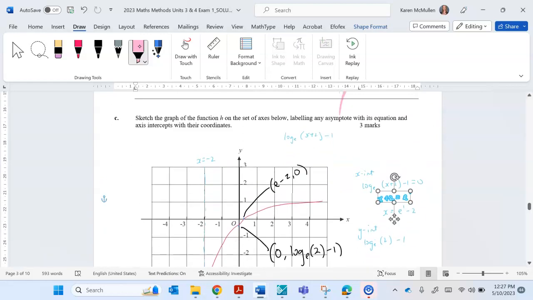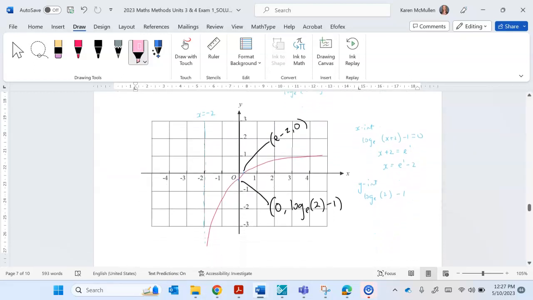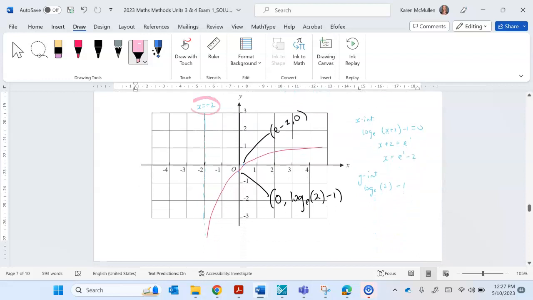All right, sketch the graph. We need to label any asymptote with its equation and intercepts with their coordinates. So here we've got the one asymptote at x equals negative 2. Make sure it doesn't cross your asymptote. And these intercepts, it's a bit hard to actually figure out where they are.